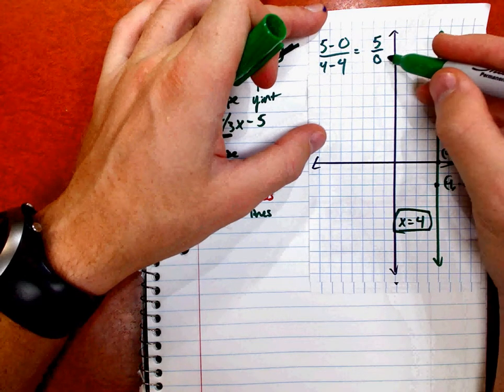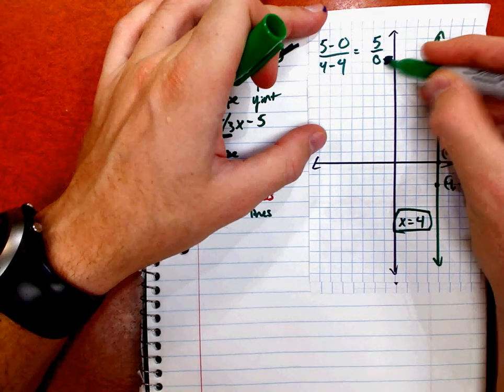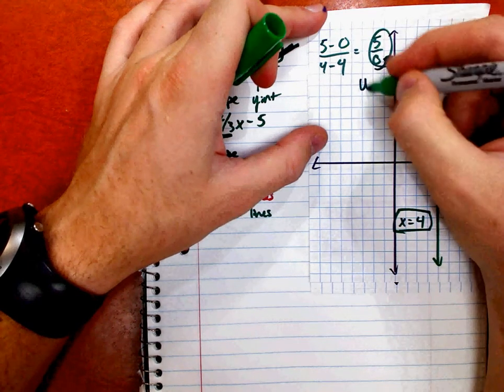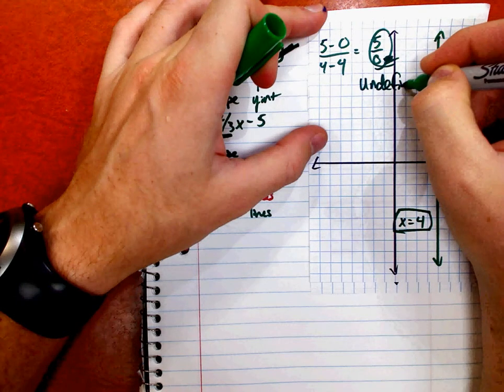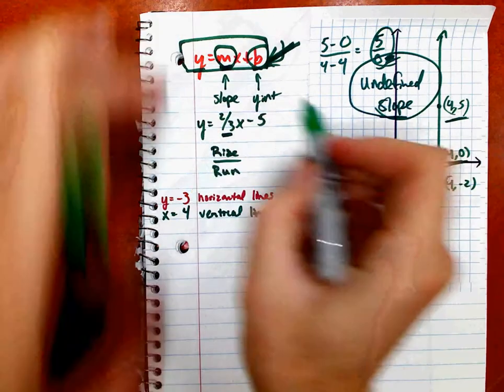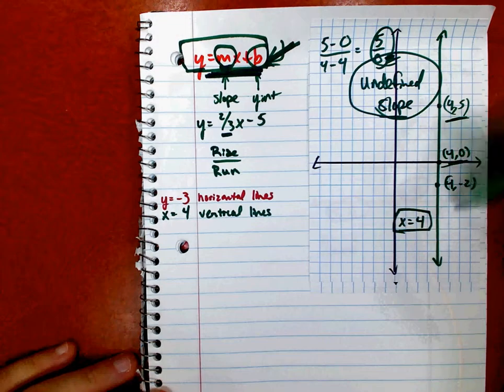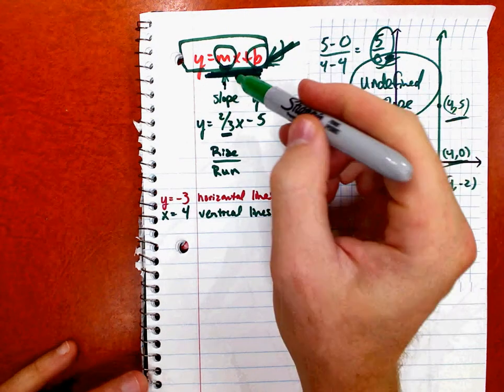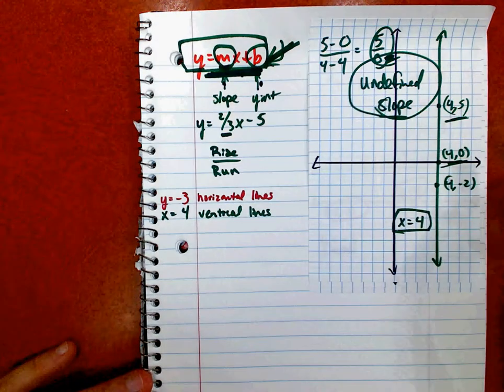Uh-oh, we can't divide by 0. Oh no, our slope then has to be an undefined slope. So it cannot meet this criteria at all if it's a vertical line. It has an undefined slope, it has no y-intercept. We cannot write it in the slope-intercept form.